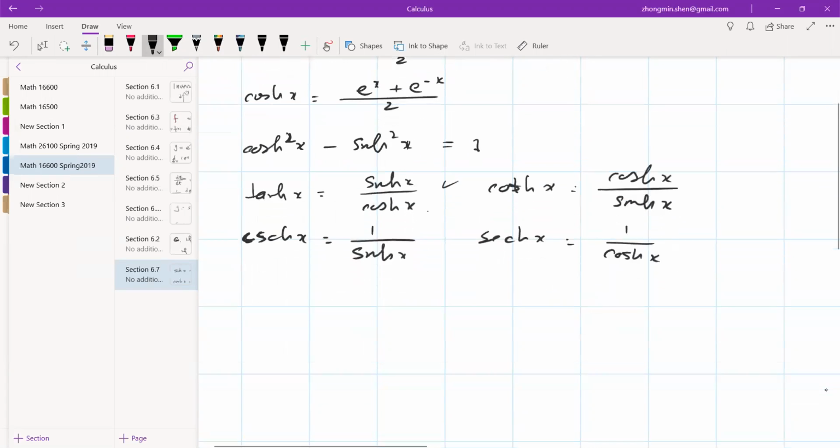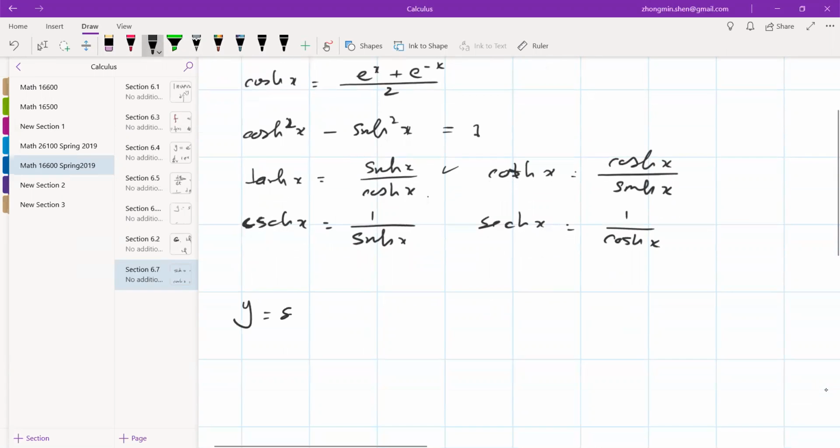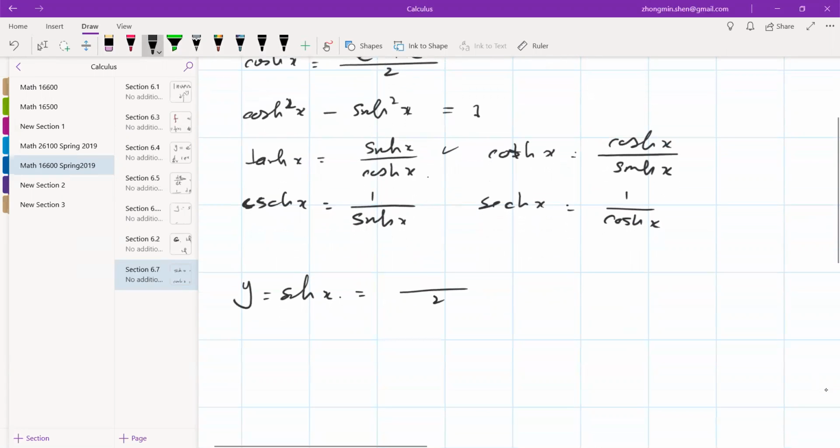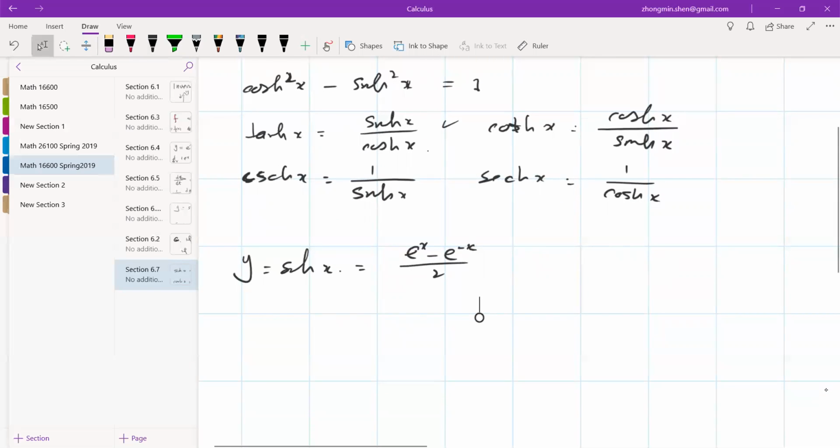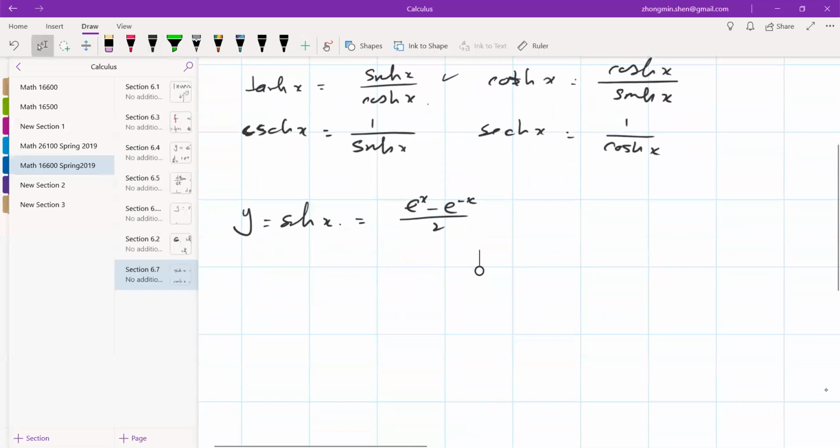First of all, let's study the graph y equals hyperbolic sine x. This is defined by that, and clearly it's an odd function. When x equals 0, it's going to be 0.